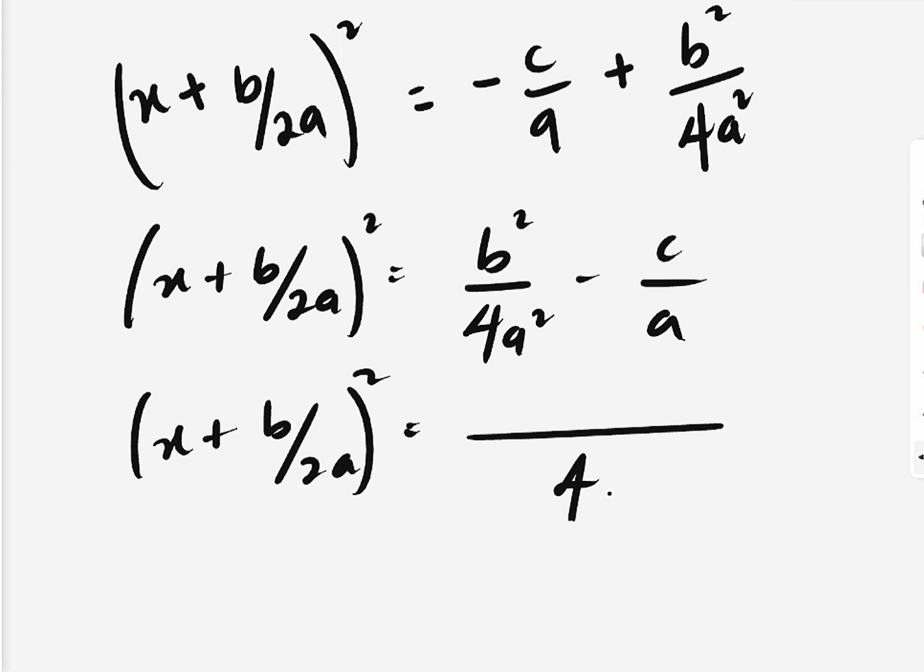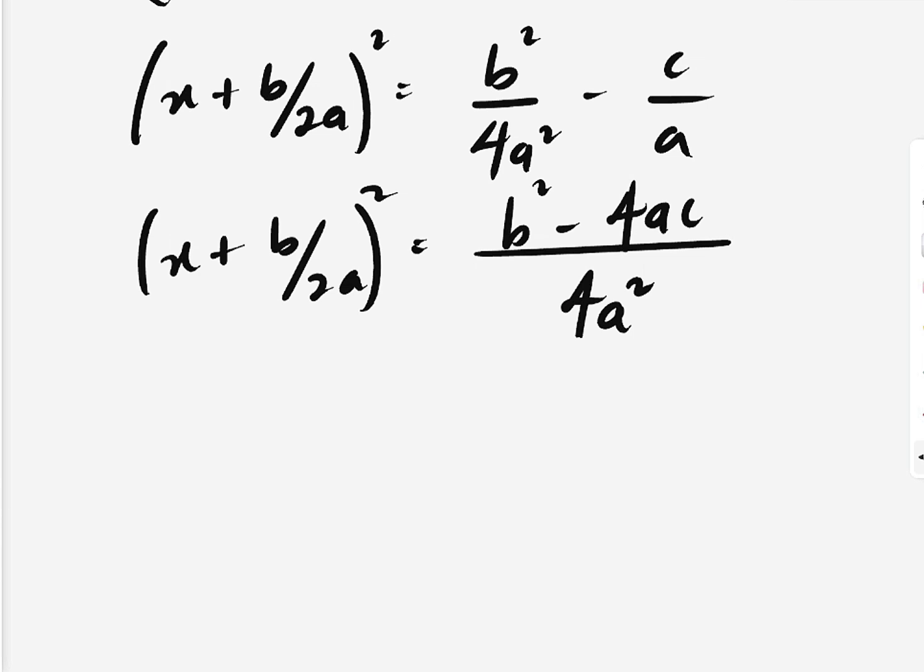We have 4a square. Now 4a square is 1. 1 times b square is b square. We have a minus, we drop it. A in 4a square, therefore this a will cancel out. We are left with 4a. 4a times c is 4ac.